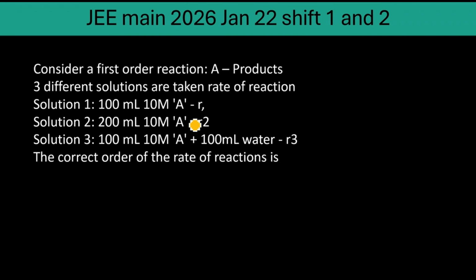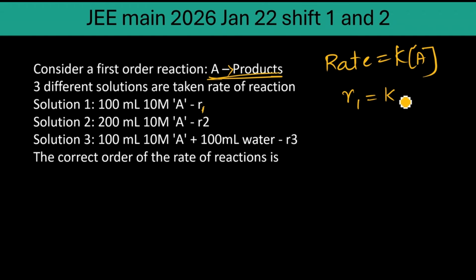Consider the first order reaction. A gives product. Three different solutions are taken. Rate of the reaction for solution 1 is R1, solution 2 is R2, solution 3 is R3. The correct order of rate of the reaction? So we know that R is equal to K of A because it is first order, right? So it depends on the concentration, not the volume. So we can neglect the volume. So R1 is equal to K into 10 molar. Similarly, R2 is also 10.